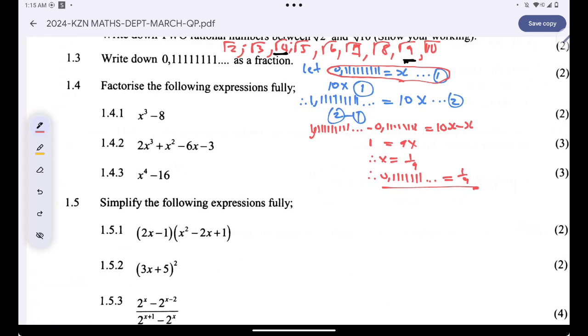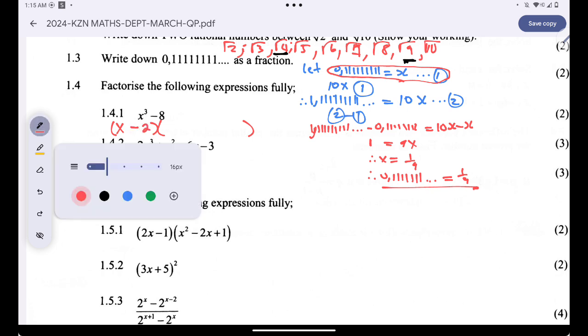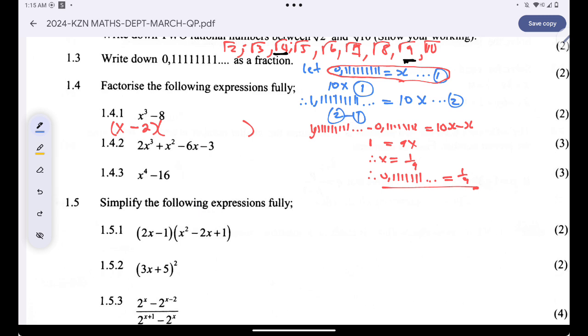Okay, and then I'm supposed to factorize fully here. It's a difference of cubes. It's simple. For the first bracket, I just need to find the cube root of the first term, which is x. The cube root of the second term is -2. And then I just need to find the terms in the other bracket. I will only use what's inside the first bracket. Are you together?